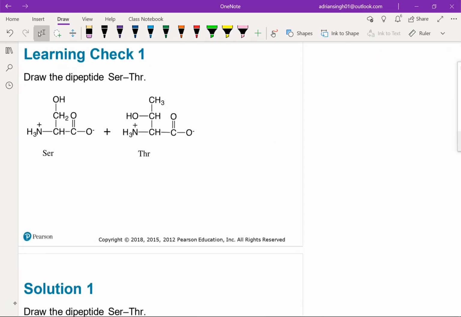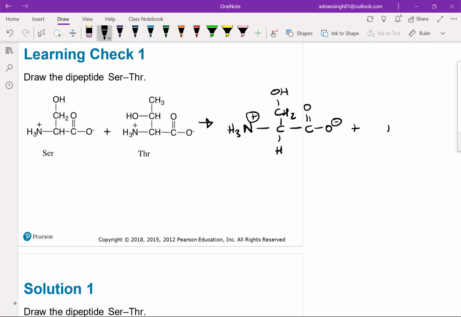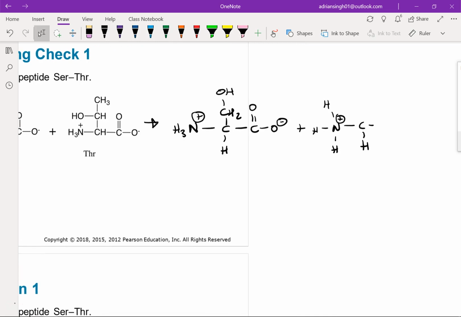So let's expand this out a little bit. We have our NH on one side from the serine, our CH, there's our R group, and then we have our carboxylate end, and we're going to combine that with our NH3+ from the other side, our threonine.